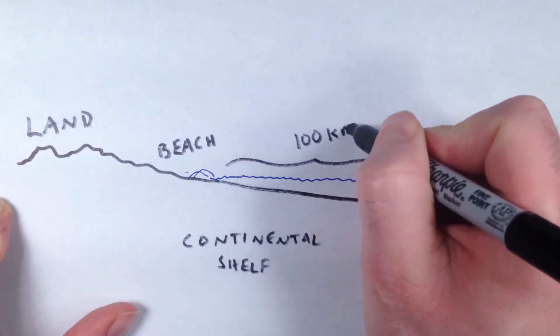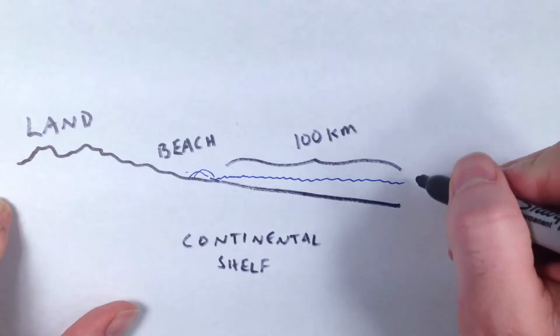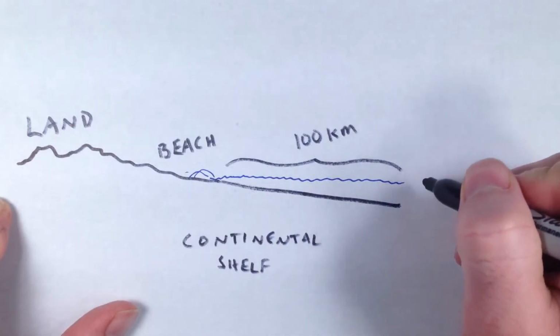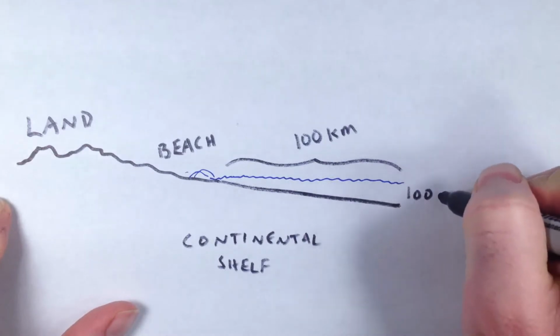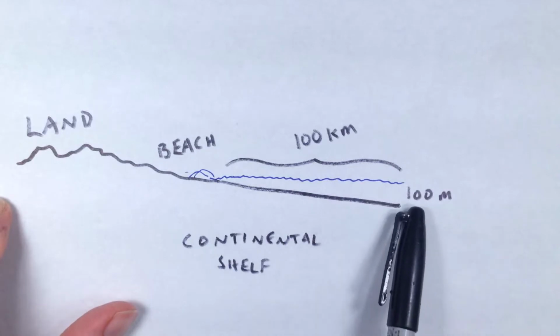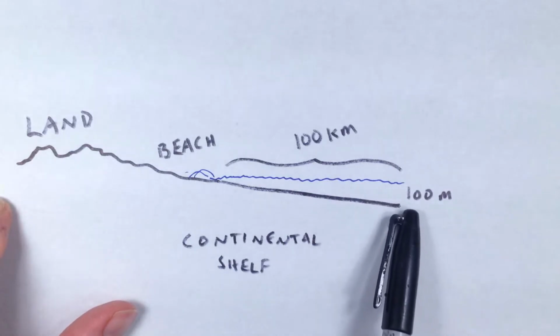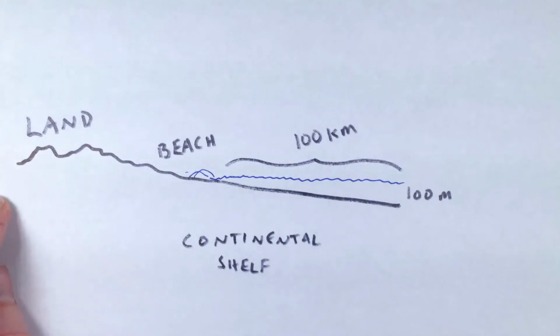That's a reasonable range. And if it goes out like 100 kilometers, maybe it goes down 100 meters. So that means it is 1,000 times shallower than it is far out. That's very, very gradual. Okay, so that is your continental shelf.